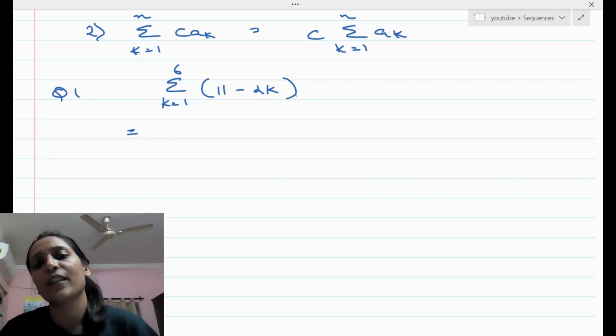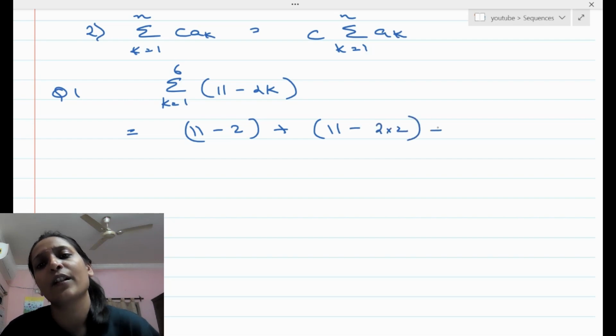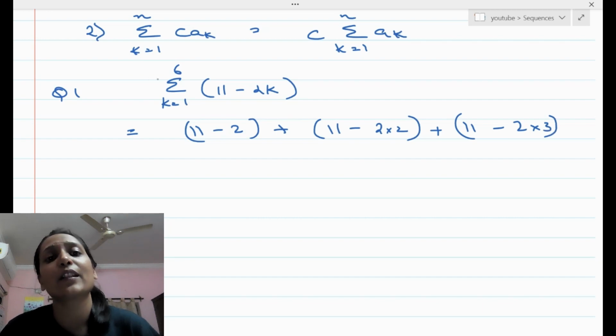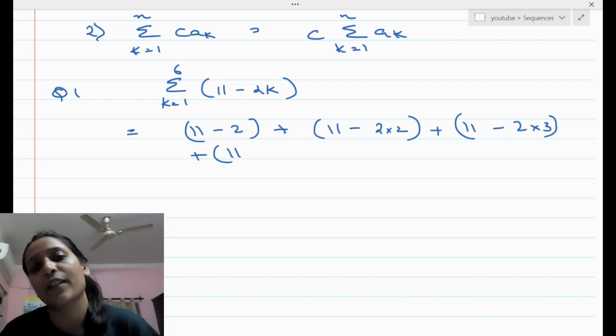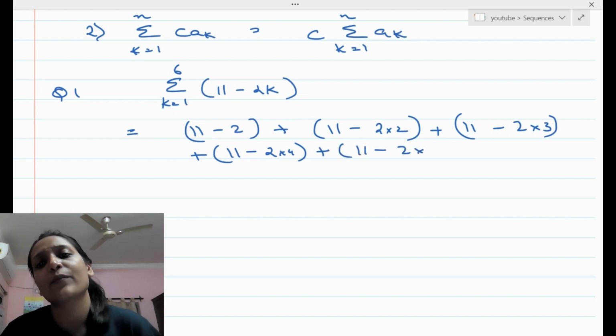I'm going to find the individual terms. My very first term would be 11 minus 2, plus 11 minus 2 times 2, plus 11 minus 2 times 3, and I will keep going until 6. So 11 minus 2 times 4, plus 11 minus 2 times 5, and finally 11 minus 2 times 6.